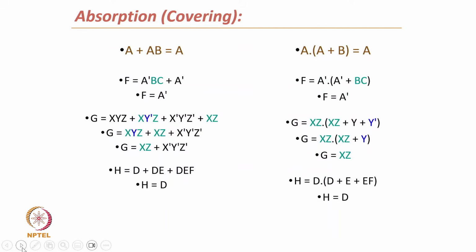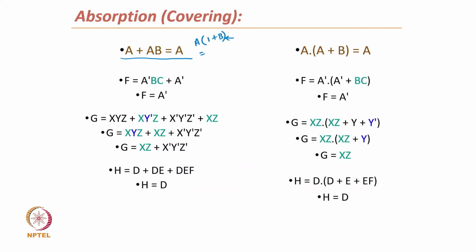This is the absorption rule. A plus A into B is nothing but A, which we can prove simply by taking A as common. If we take the common A from the left hand side, this becomes 1 plus B. Anything 1 plus B is always 1, because even if B is 0, 1 plus B is 1.